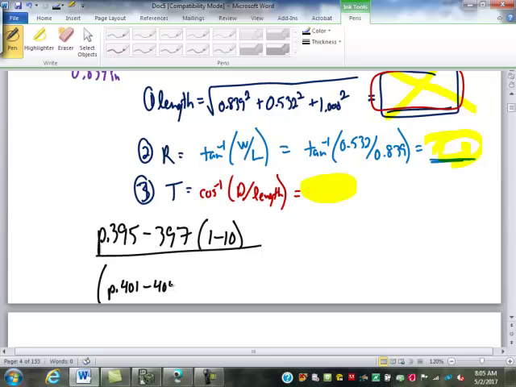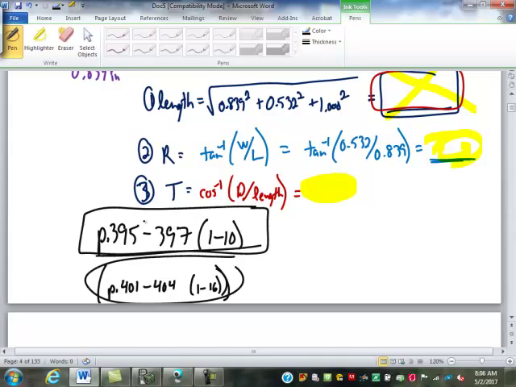If it is, you can go ahead and look ahead. Page 401 to 404, 1 through 16, talks about examples of how you do this with just the angles rather than the actual lengths. But the only thing you have to do is the 395, 397. So tomorrow we'll do more examples with just those angles, and then we might move on to milling.